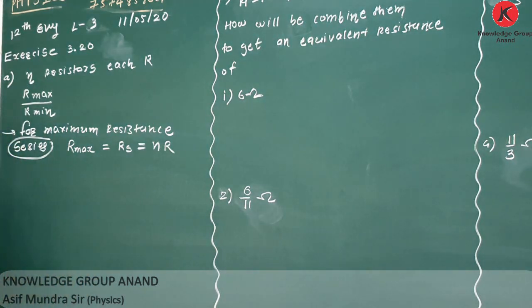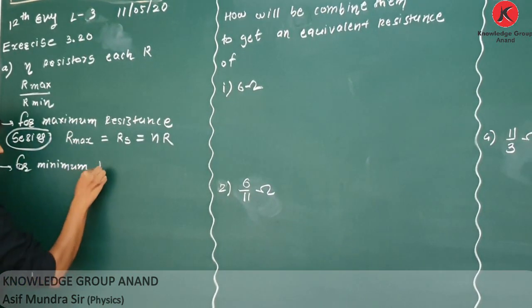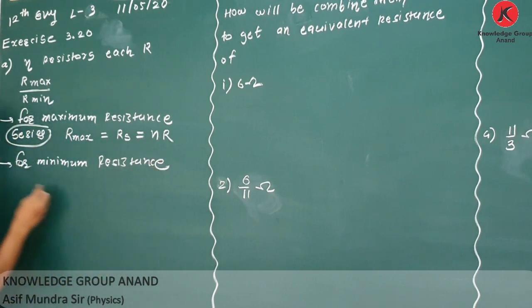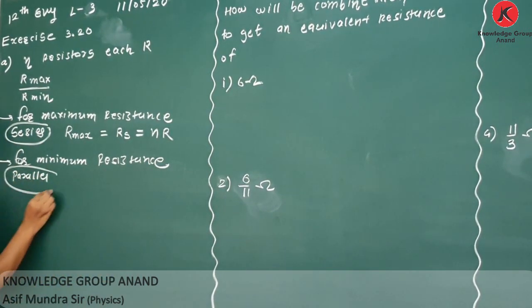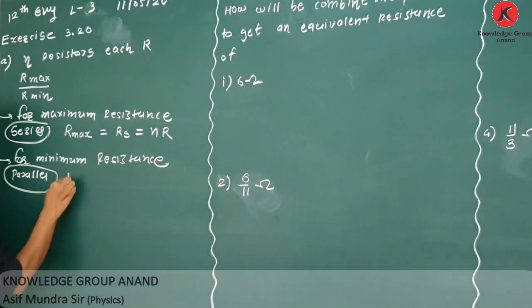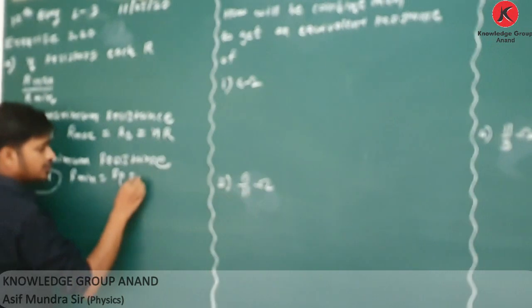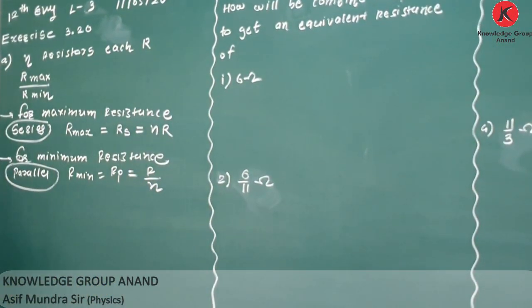Clear about this? Similarly, for minimum resistance, connect the resistors in parallel. And you know its equation: R minimum is equal to RP, which is equal to R upon N.